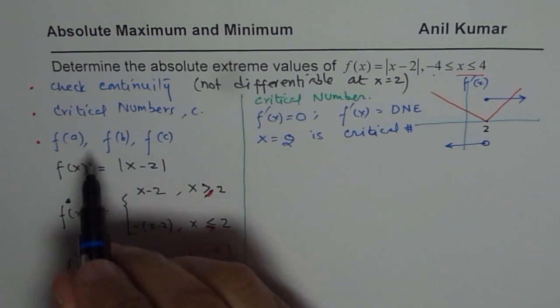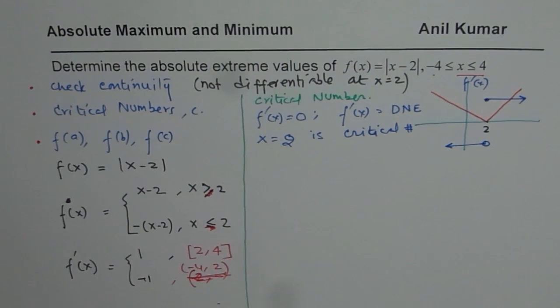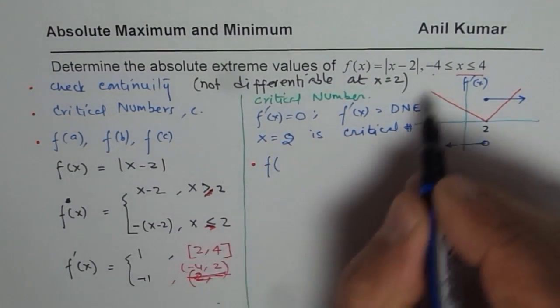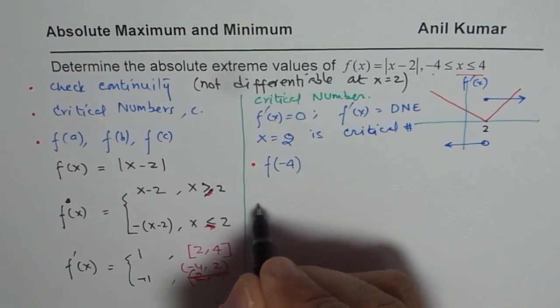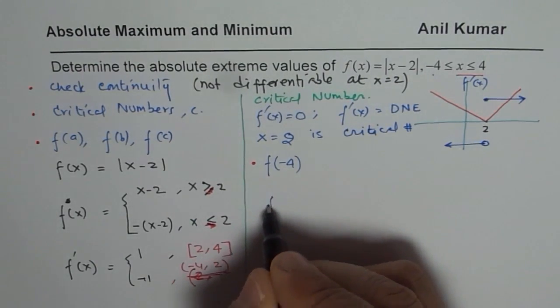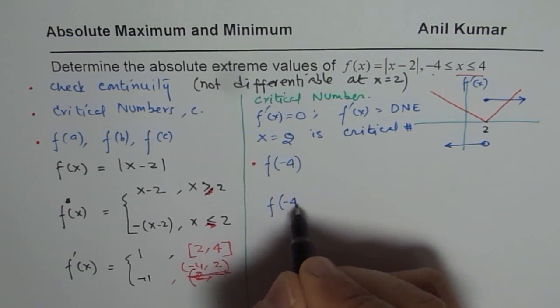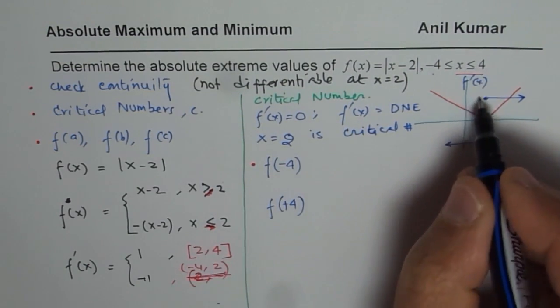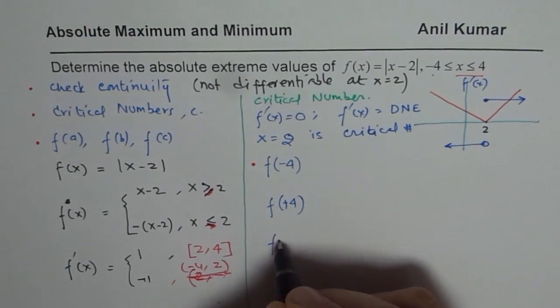Now, the third step is to find the values of the function at the boundary conditions. So we'll find the value of the function at -4. We'll find the value of this equation at +4, and also at the critical point, which is 2, right?